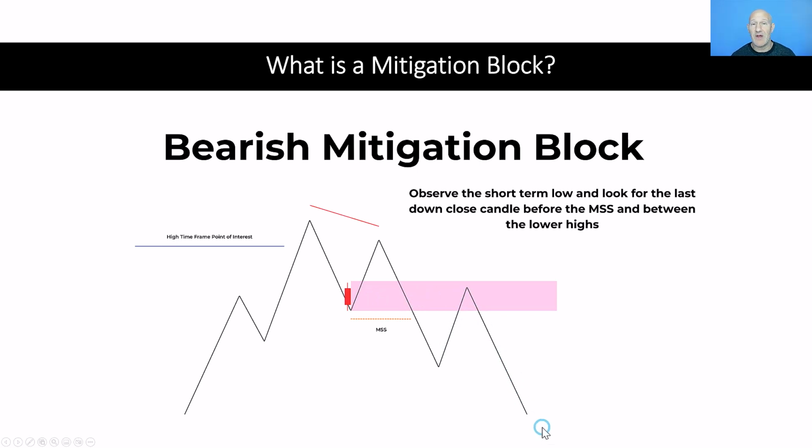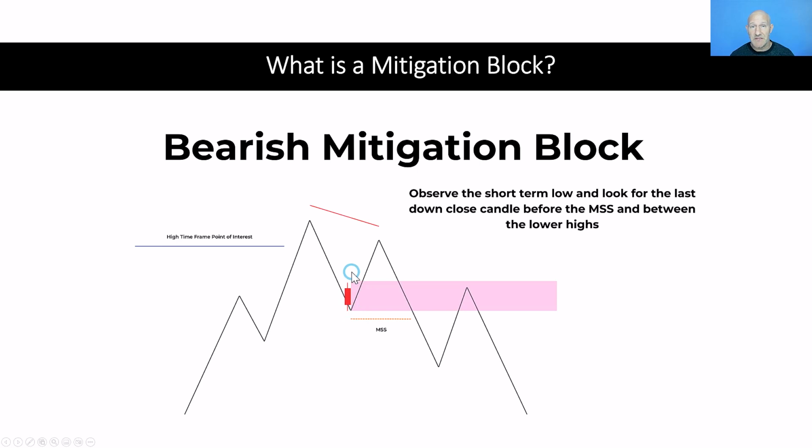So where in the price action is our bearish mitigation block? We need to bring our attention to our lower highs. We have this swing high here, which is obviously higher than this one, but this swing high here is lower than this one. We want to look between that and the short-term low, which is just here, and we want to look for the last down close candle before the market structure shift.